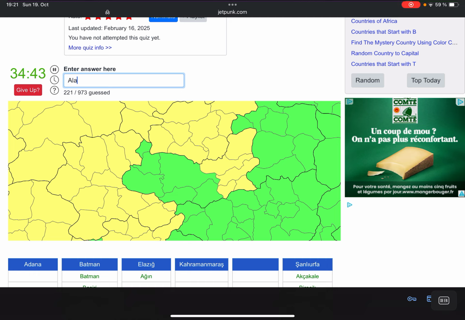We have Alacakaya, Palu. By the way, Palu is by coincidence also one of the largest cities on the Sulawesi island in Indonesia, or at least it's one of the province capitals over there. I think the central Sulawesi province or something. Yeah, just a side fact. Then we have Kovancılar and Karakoçan.